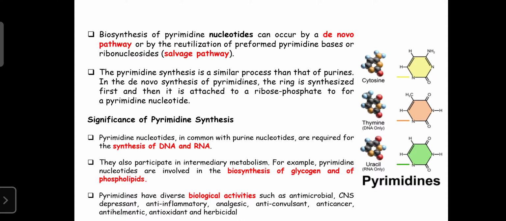The salvage pathway is a beneficial pathway because it avoids the excess catabolism of the pyrimidine nucleotides. After biosynthesis and after functions, they are catabolized also. Due to catabolism, more waste material can be formed in our body. That waste material, such as uric acid and many other components, is formed by catabolism of purine as well as pyrimidine bases.